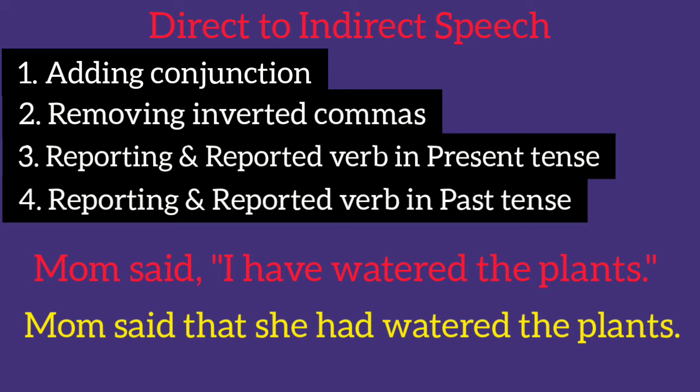Now, can you guess why I have changed have watered into had watered in indirect speech? Yes, by the rule 4, the present perfect tense, that is, have watered, became past perfect tense, that is, had watered. So, the indirect speech is Mom said that she had watered the plants.